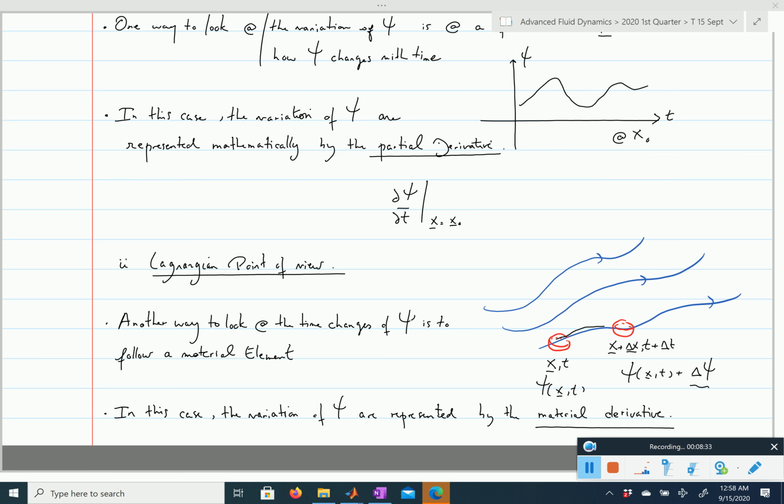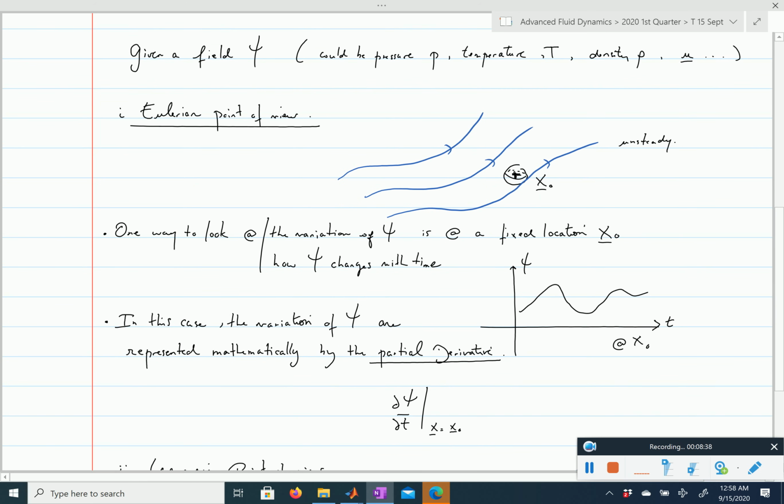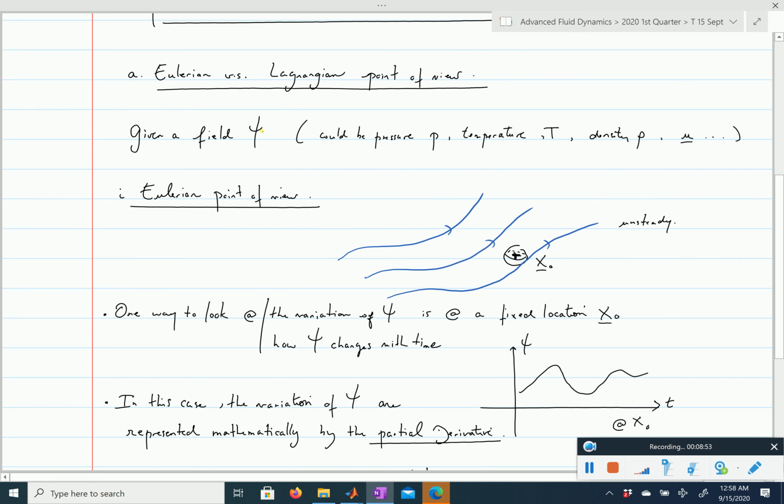Now, why is the material derivative important? The partial derivative is the easy derivative to compute when we have a function of several independent variables. Remember, psi here is a function of the independent variables x and t.